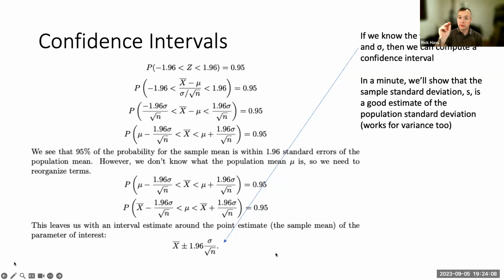If the standard error is a small number, so let's say it's 0.1, and our X bar is 98, that means our confidence interval is not going to be very wide. It's going to be tightly wrapped around our point estimate. If standard error is really big, then our interval is going to be really wide.